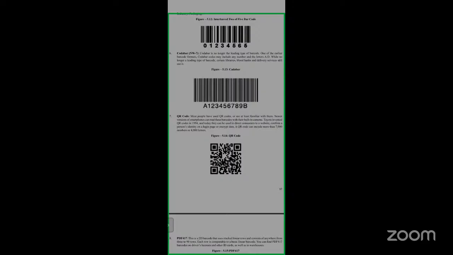Newer versions of smartphones read these barcodes with their built-in cameras, and Toyota invented the QR code in 1994 itself. See the gap that exists between developed nations like Japan and other countries, where their industries are far better.